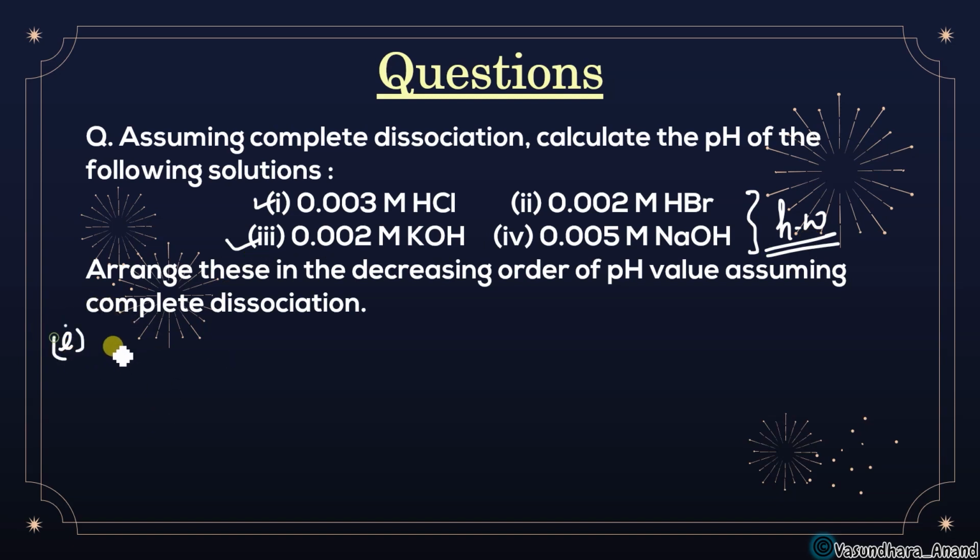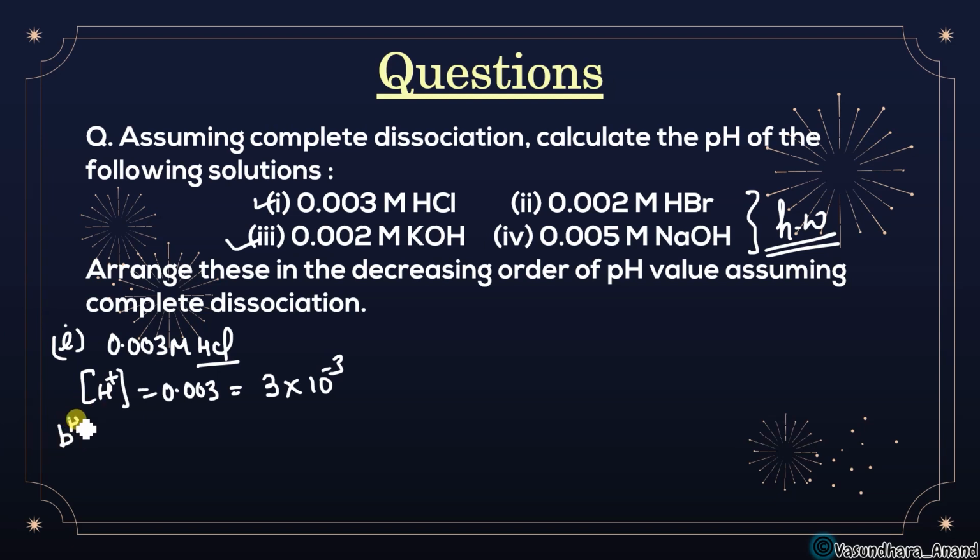So first part is 0.003 m HCl. Since it is a strong acid, so whatever the concentration for HCl, that will be the same concentration for H plus also. Yes, so 0.003. Can you write it as 3 into 10 to the power minus 3? Any doubt in this? Now find the pH.